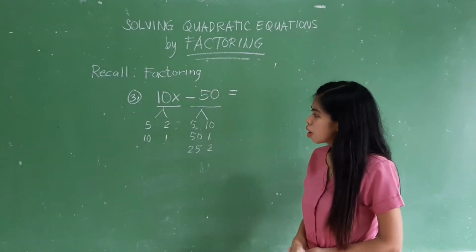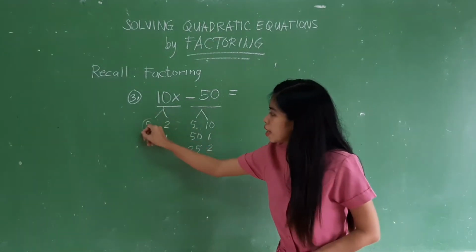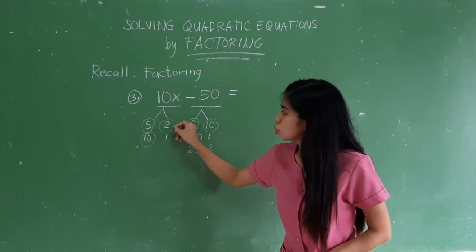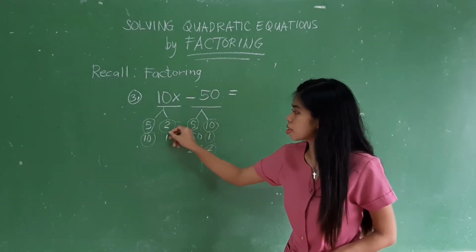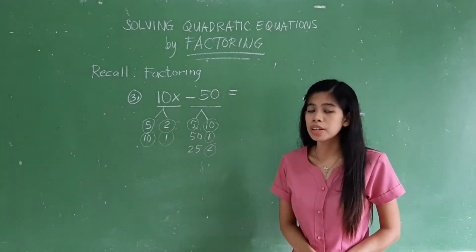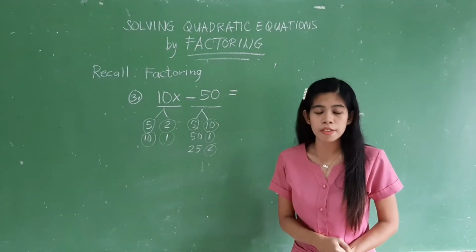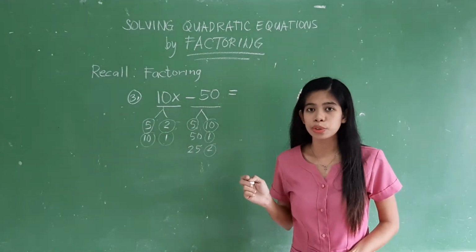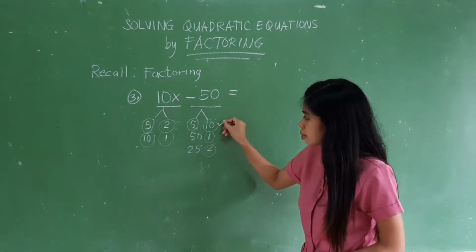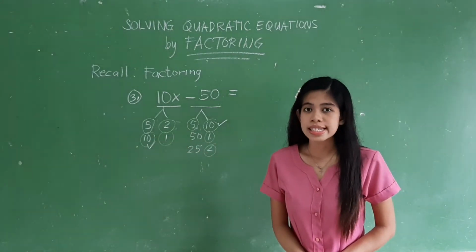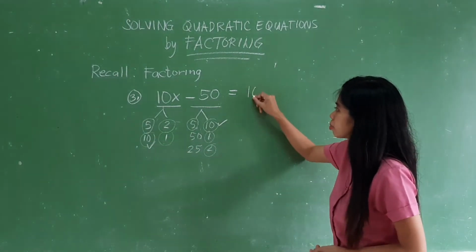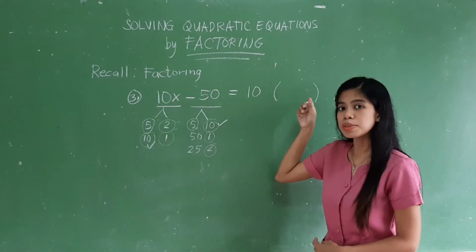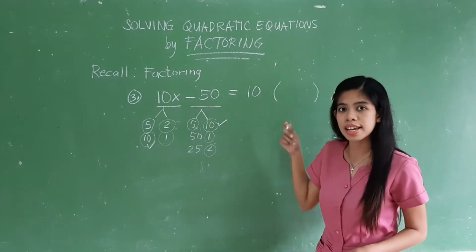Okay? So the common factors there are 5, 10, 2, and of course 1. However, if we are using common monomial factor, we must choose the highest common factor. And in this case, that is 10. Since 10 is a common factor, we are going to write 10 times the quantity of what is left inside the parenthesis.